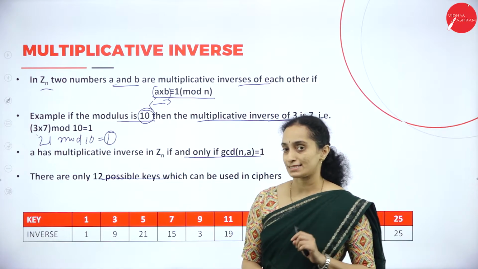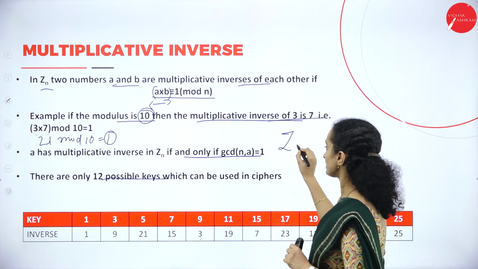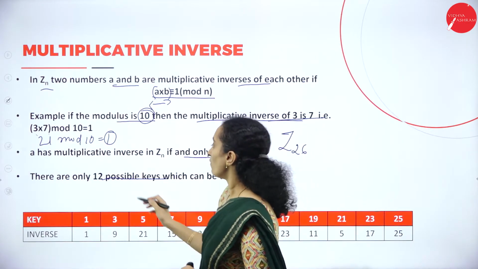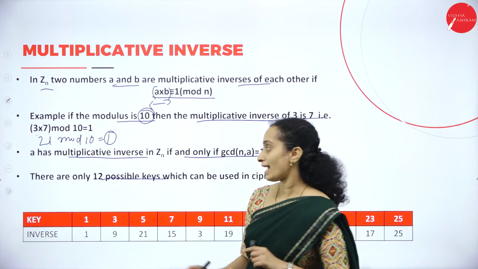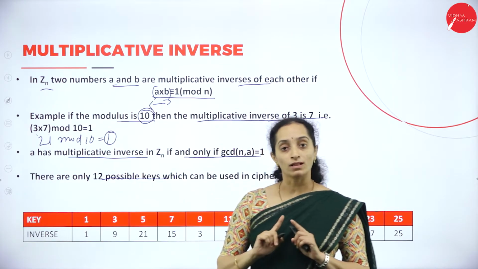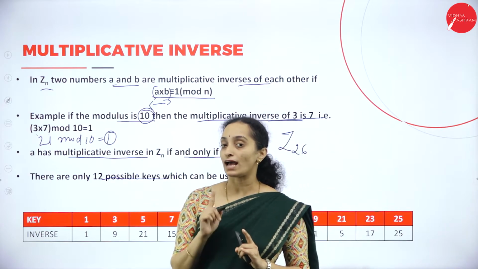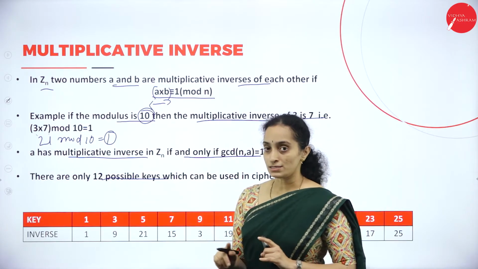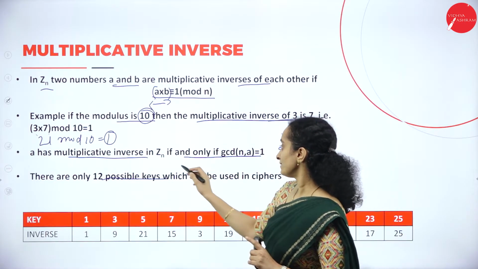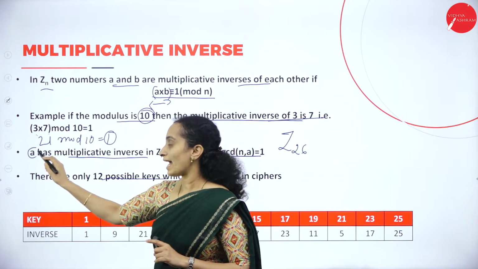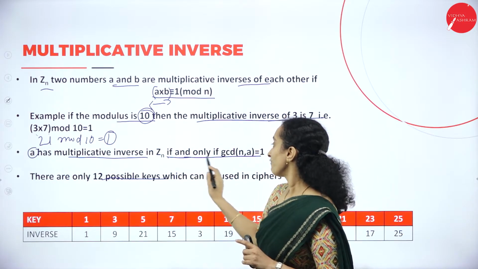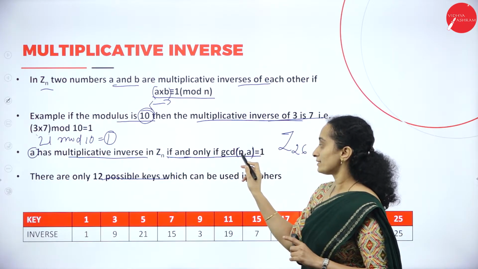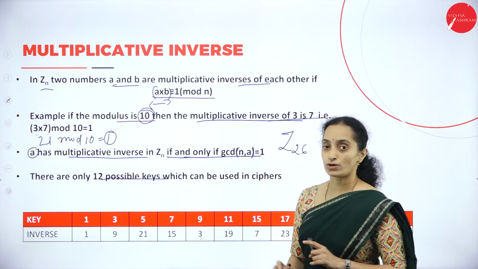With modulus 26 and 26 alphabets, not all the 26 numbers can have a multiplicative inverse, because a number A can have a multiplicative inverse if and only if the greatest common divisor of the modulus n and A becomes equal to 1.